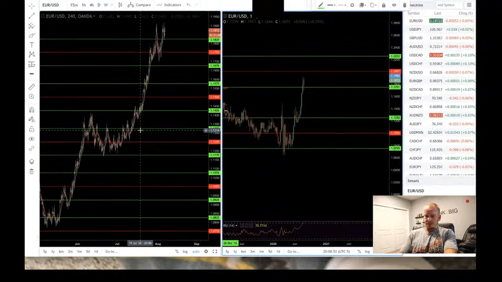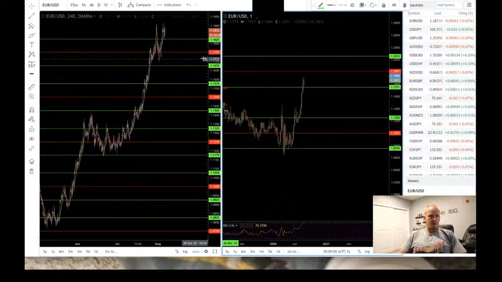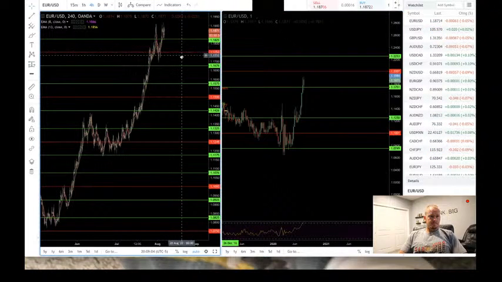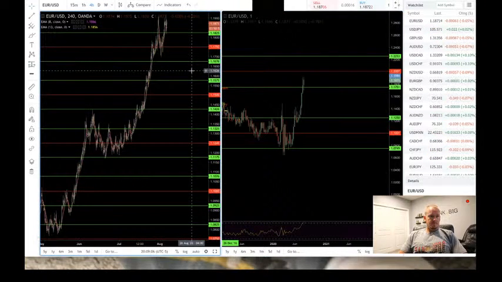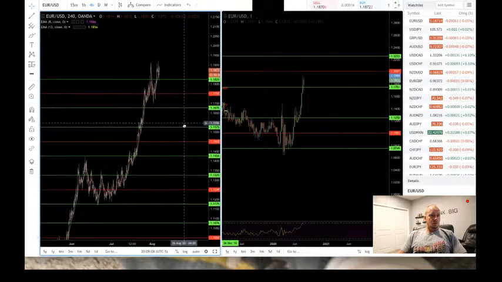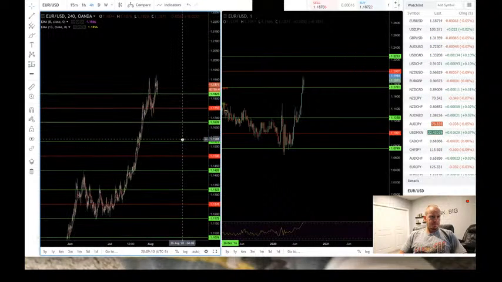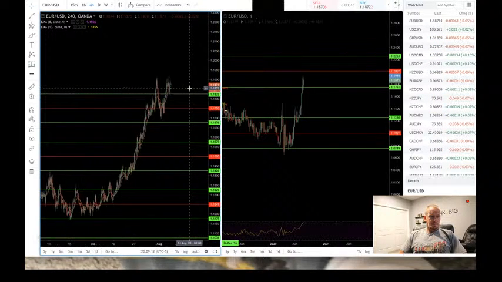We can analyze in real time what's happening on some currency pairs now that we have a background. So with this euro dollar, we are currently with a long bias.